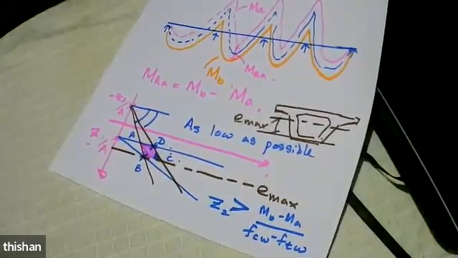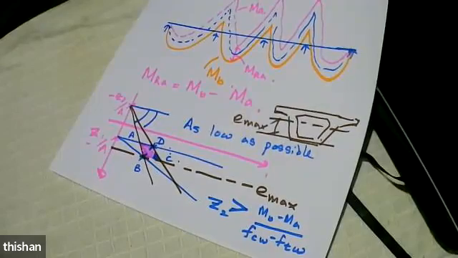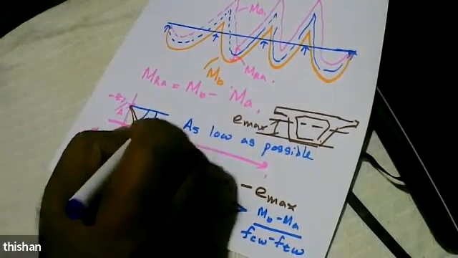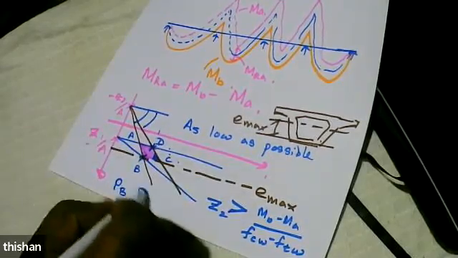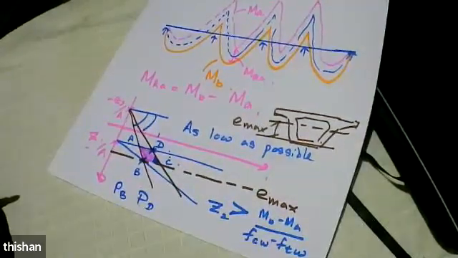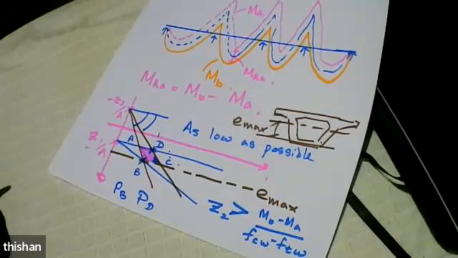If you select a particular section, the pre-stressing corresponding to PB and PD will be unique values, because they are not going to depend on the moment. They depend only on the cross section and the allowable stresses. For that I derived an equation and showed they are not dependent on the moments. So that is also a special situation.